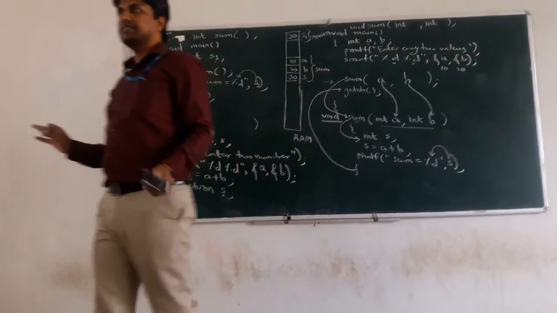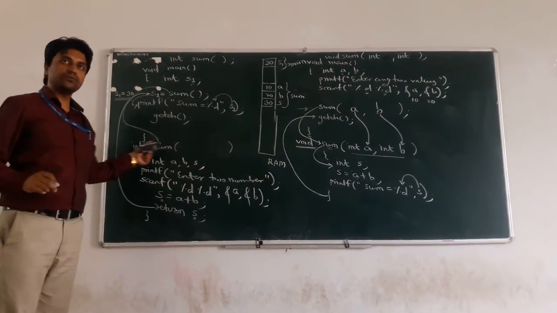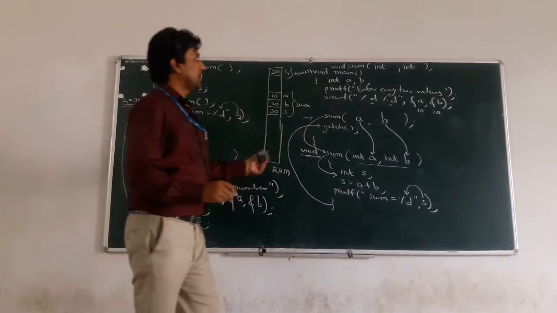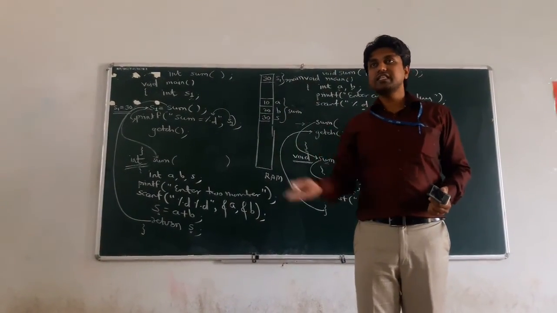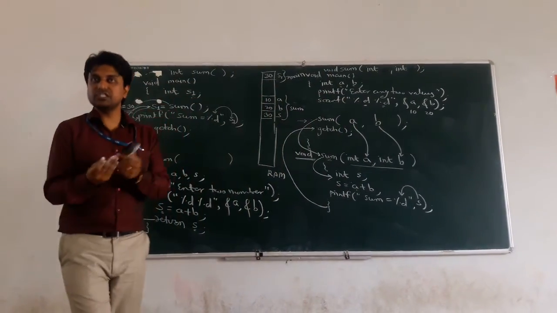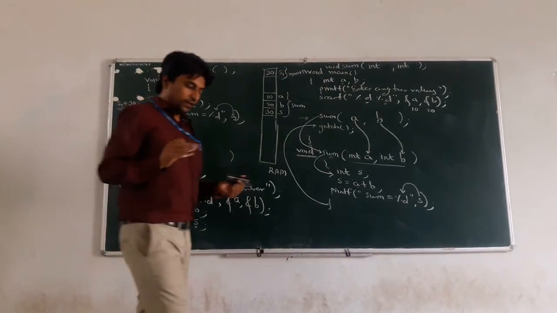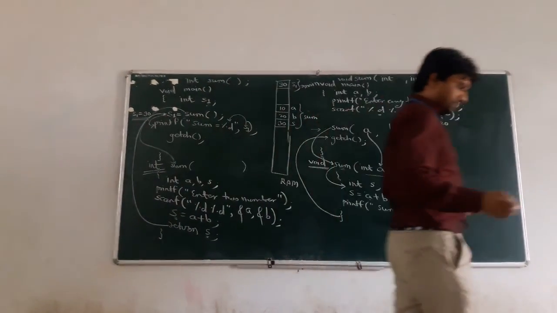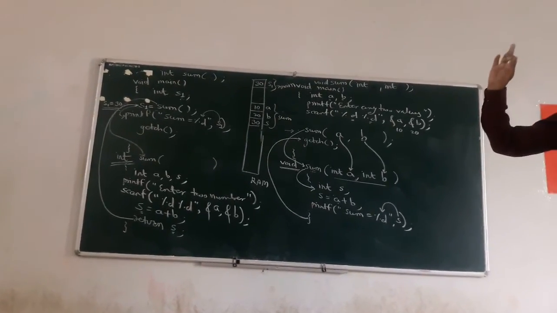This is the third type, that is, function with return type, no argument list. And the last one, the fourth type, is function with argument list and return type, both. What is the communication between those two functions, main and sum? Main delegates all its authority to sum.